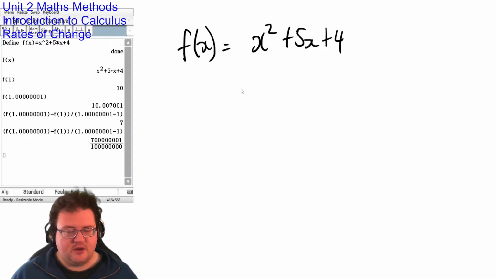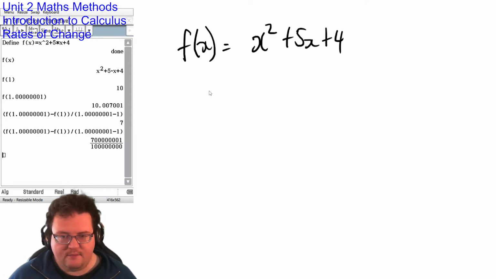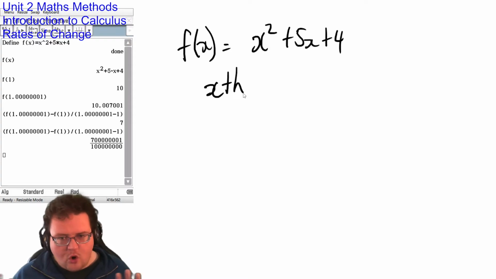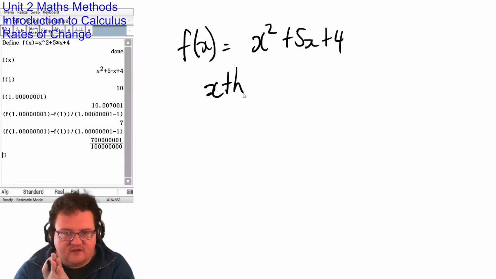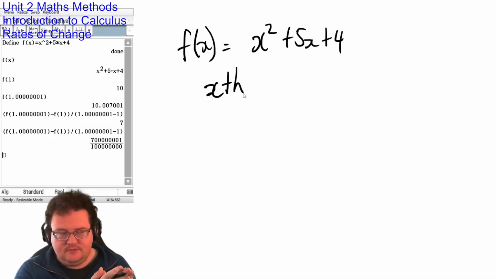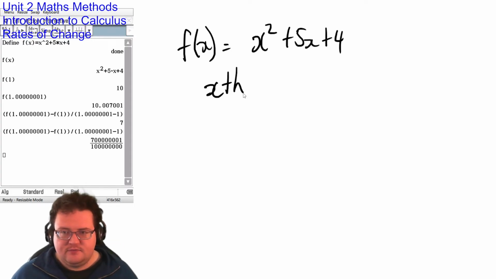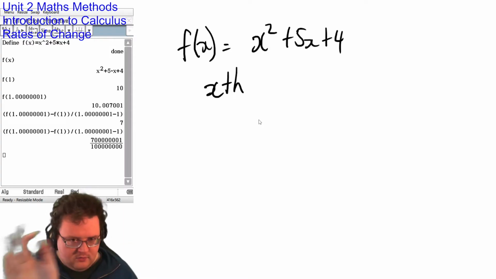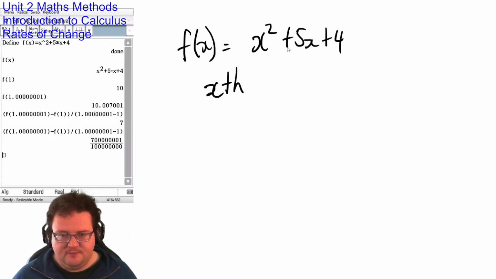Now, I'm going to need to find another point. And I'm going to call that point x plus h. All right, just going to call it x plus h. So it's h units away from x. And don't worry about the h. We will deal with that momentarily.